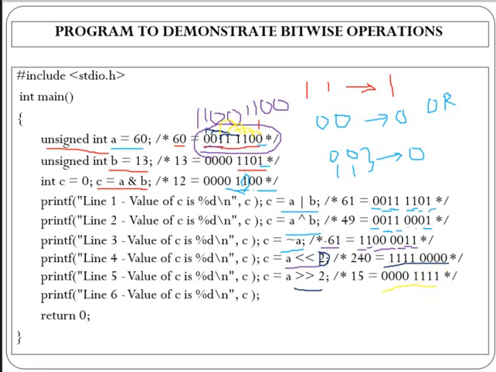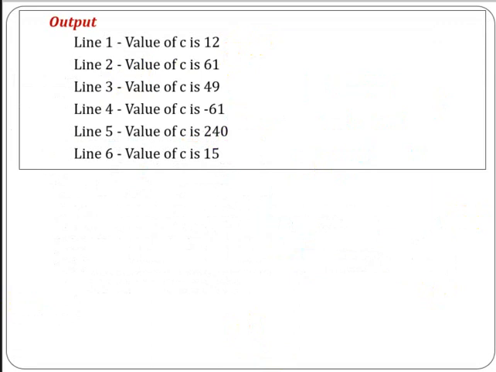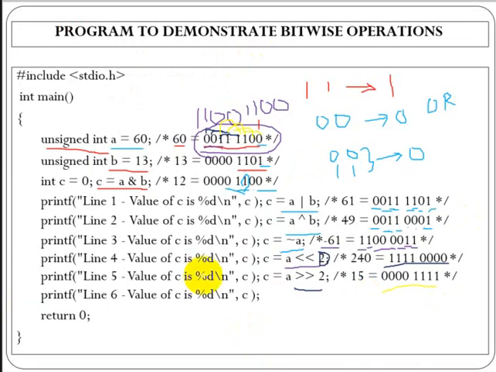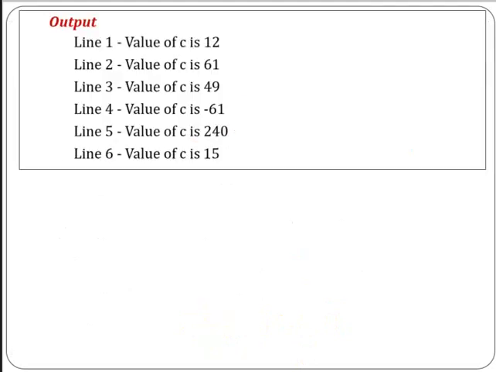Okay, so if you see the output, it will be printed in the form of percentage D, right? Suppose you are expecting the output in binary itself, then instead of using percentage D, you can give percentage U, so that you can see it in the unsigned binary number.